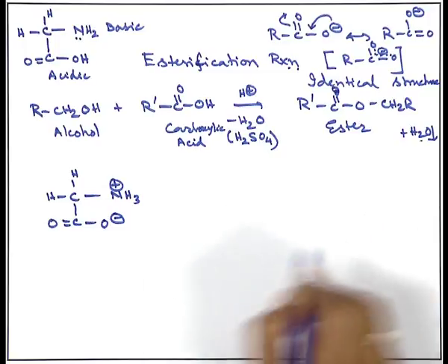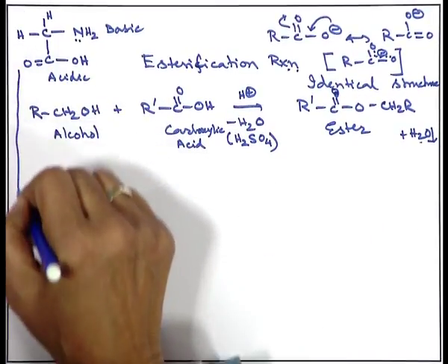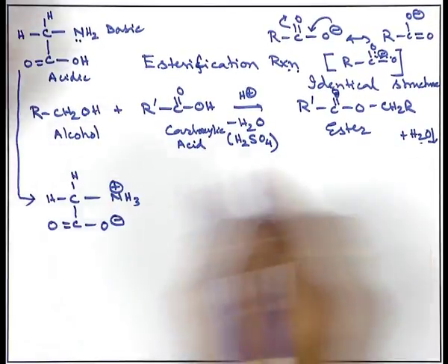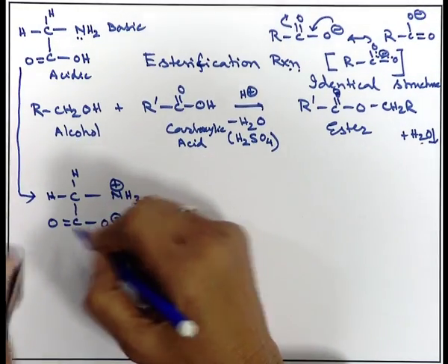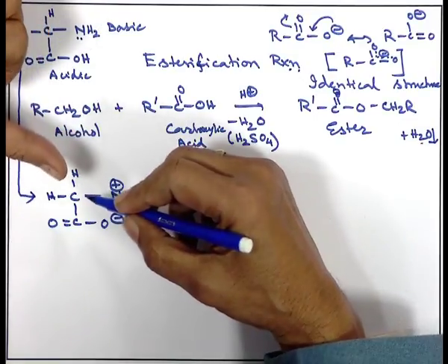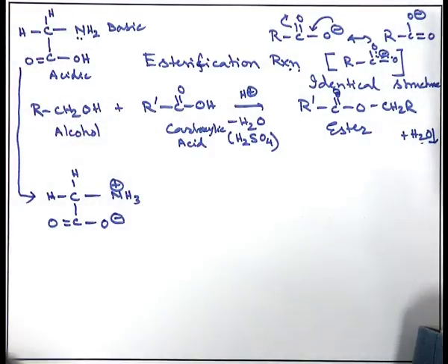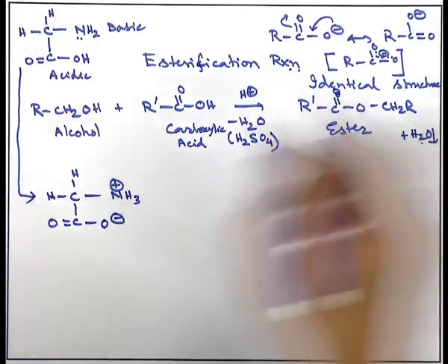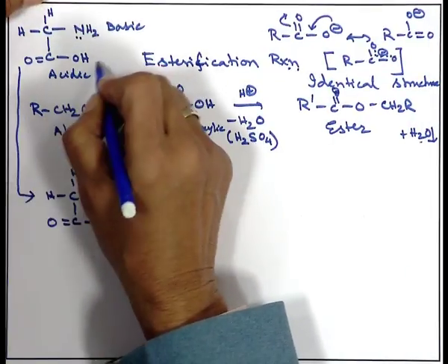What I have written is CH2COO minus, and with this CH2 the substituent is NH3 plus. How is this coming from the simple compound, that is glycine?